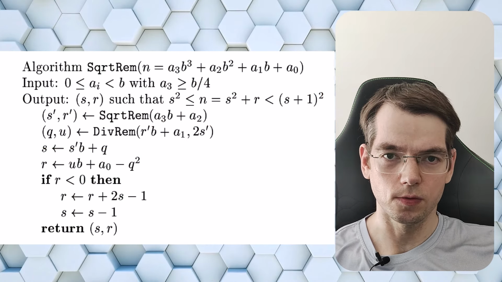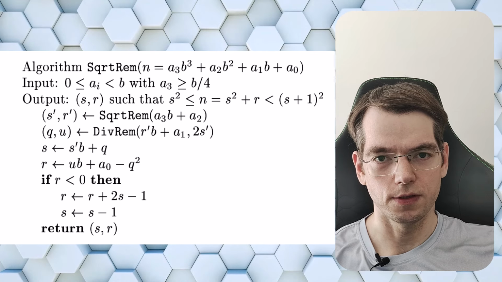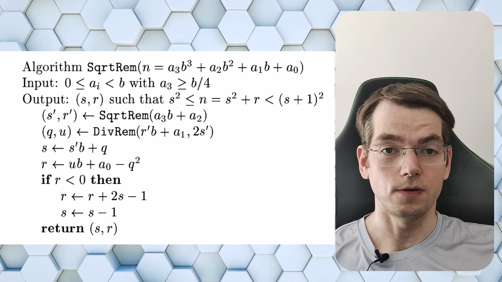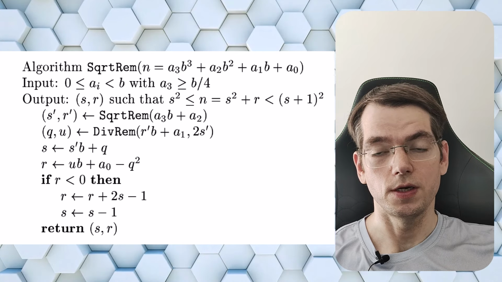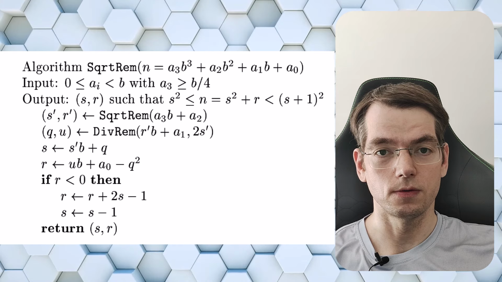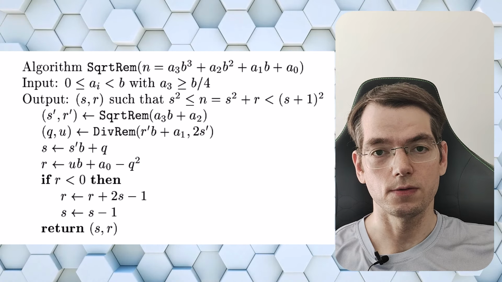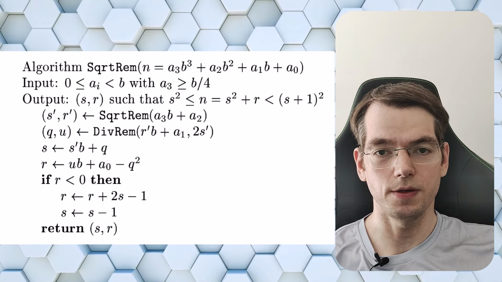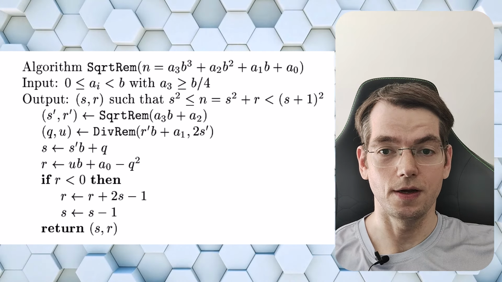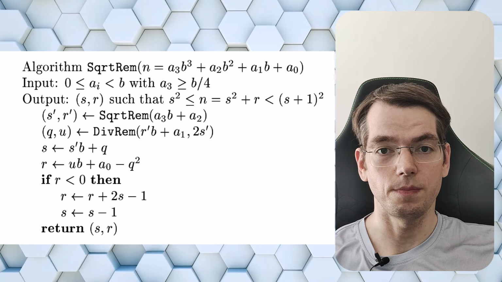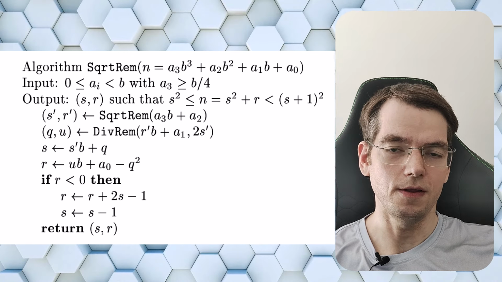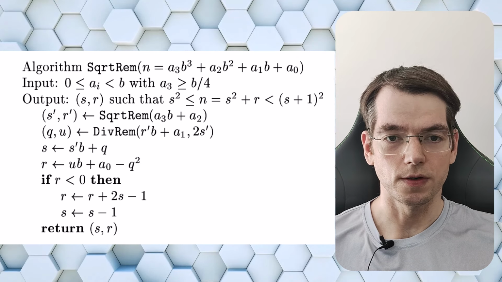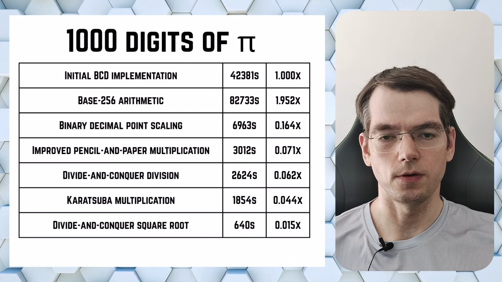30 minutes is good, but I still thought that there could be a better algorithm for square root itself. So I continued to dig around and finally found out what algorithm is used by GMP, and it's a similar divide and conquer principle. Here is the algorithm, and after implementing that I gained another 200% of improvement. 10 minutes is good enough for me, so I stopped at that point.